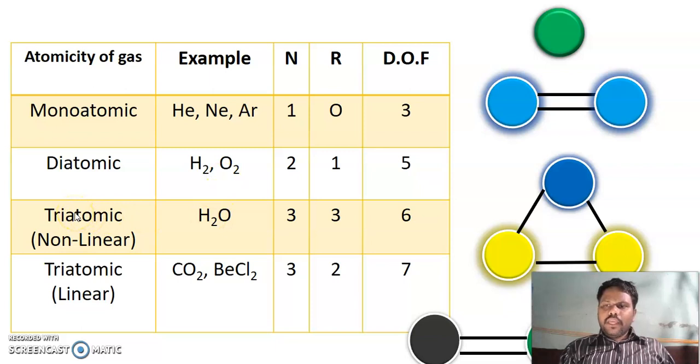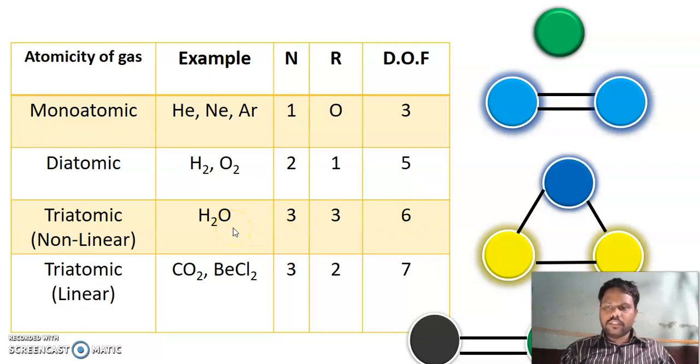For a triatomic non-linear molecule, the number of atoms is 3. The degrees of freedom is 9. However, if the distances between the 3 particles are fixed, then the number of constraints is 3. Then the degrees of freedom reduces from 9 to 6.